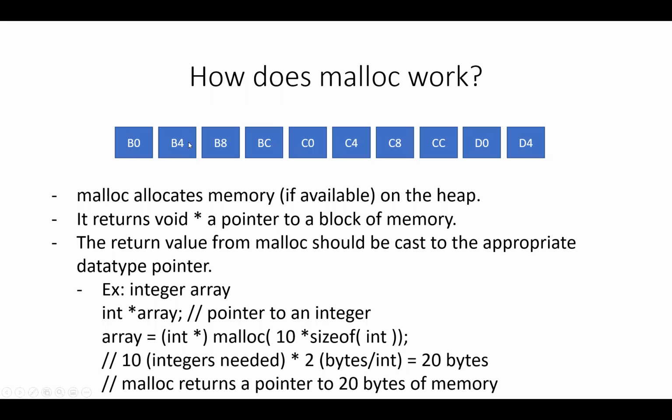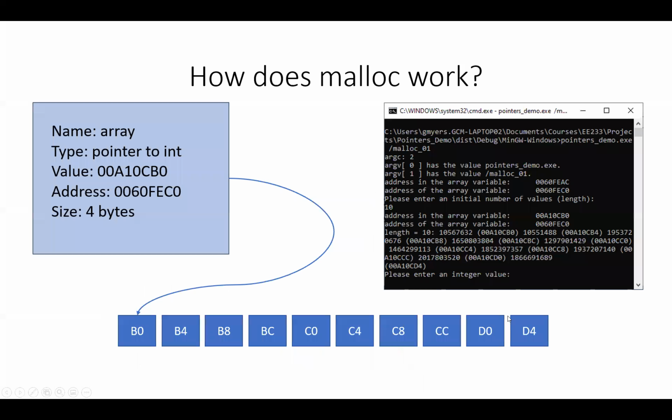Well, just like what you saw in the console, you saw a sequence of memory addresses. And so you can think of these as individual blocks. And then the array variable simply stores the value of the address of that first block of memory. And so we have our array variable that is a pointer to an integer.